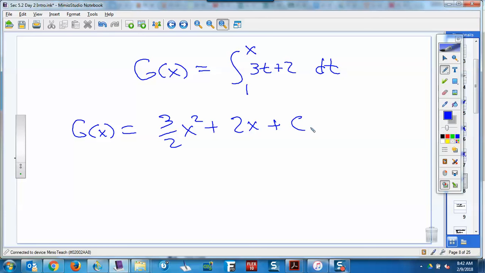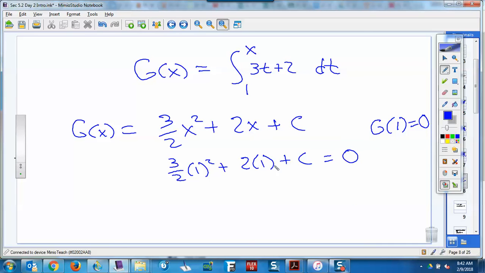And I say we do. Which one do we know? We know G of 1. We get a free initial condition in this area formula. We know that G of 1 is 0. They didn't have to say it; we just get it for free. So G of 1 is 0, so we put a 1 in, and that's got to equal 0.